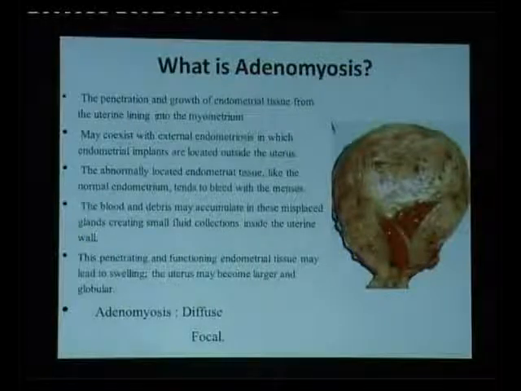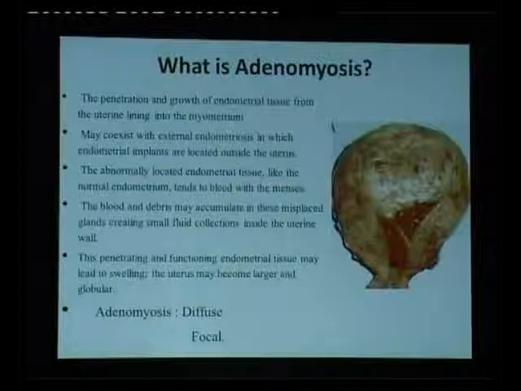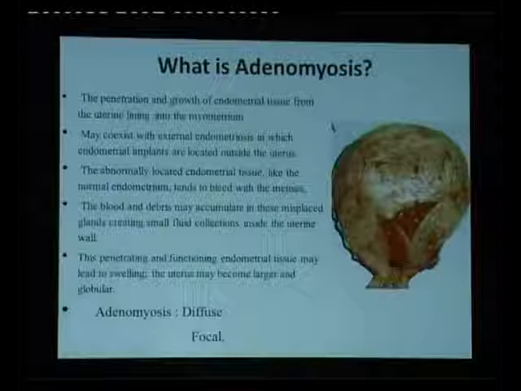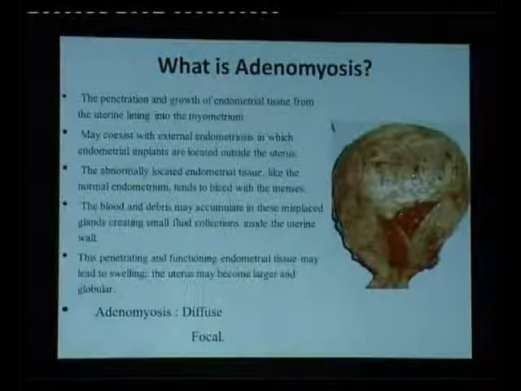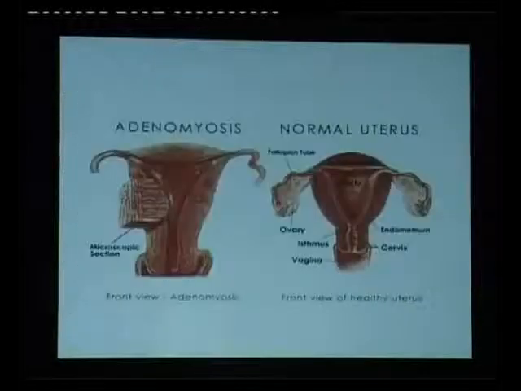And how it really happens is that the endometrium goes into the myometrium and responds to the estrogen and progesterone changes in the menstrual cycle, and you can have a hemorrhage inside the myometrium, and slowly the uterine size increases. Now, adenomyosis can be diffuse or focal, and we'll see how. You can see here the difference between the normal and the adenomyosis uterus. You can see here the hemorrhage happening in the myometrium.